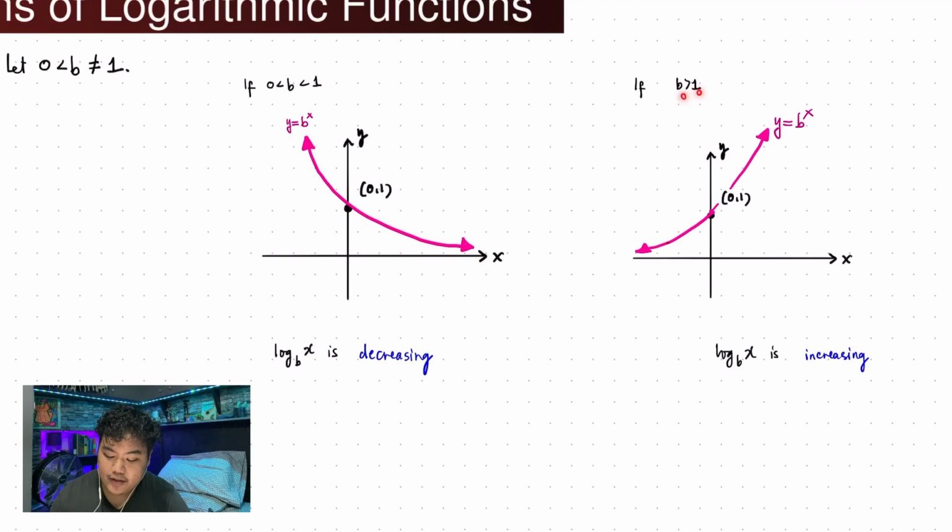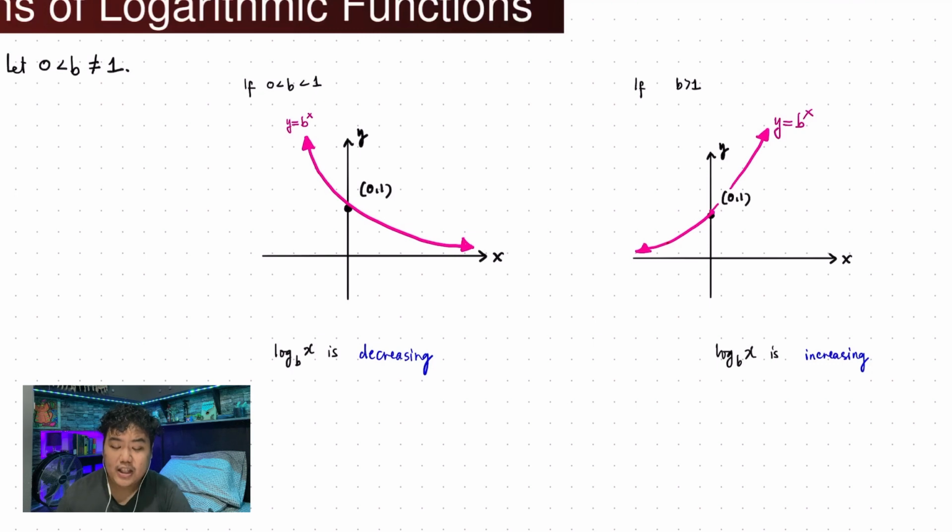Kapag b is greater than 1, yung graph ng b to the x, ng exponential function, ay increasing. And actually, if b is from 0 to 1, kung decreasing yung exponential, decreasing din yung log, yung inverse niya. At kung increasing yung exponential, increasing din yung log.